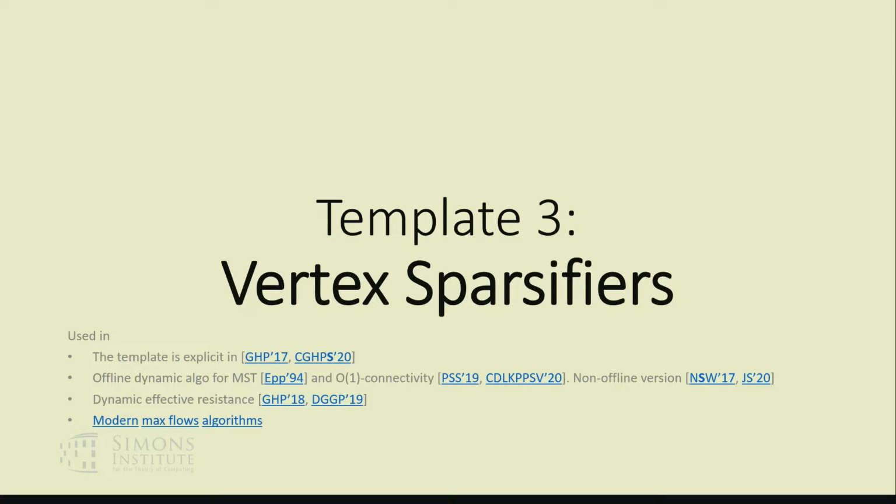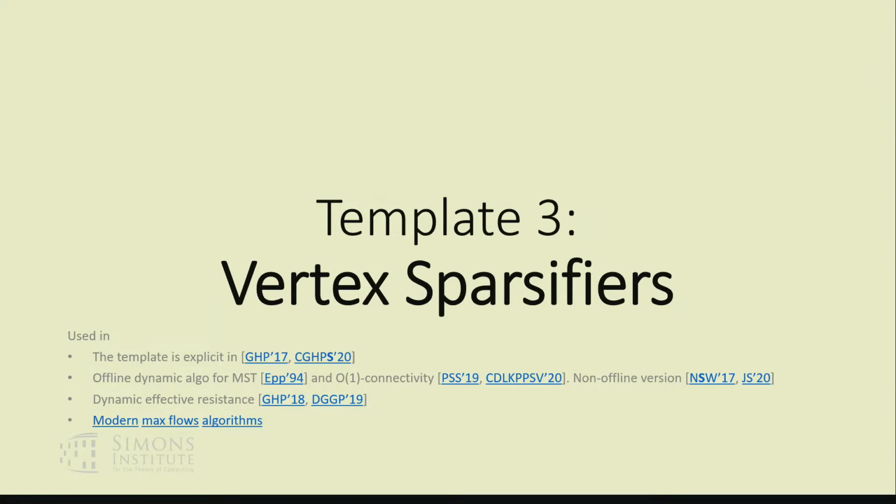Okay, good. So we get some basics about vertex sparsifiers now. So let's see how, given an algorithm for computing vertex sparsifiers, you can get a dynamic algorithm. And this is used in many papers, a lot of them by Gramoz. The earliest one that I see is by Epstein.